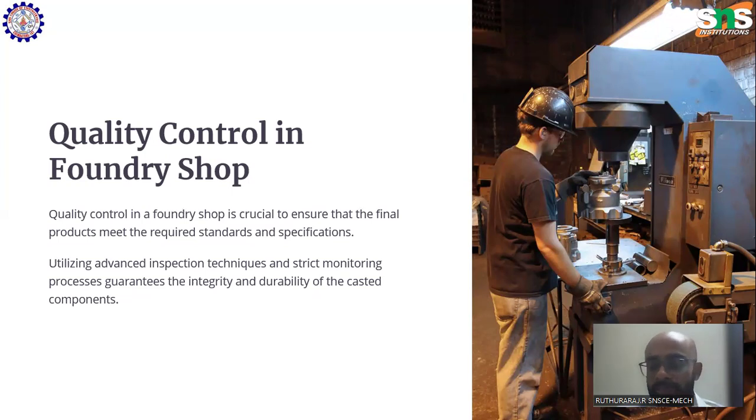The hardness of the casting will depend upon the material composition, the alloying done to the steel. If the alloying is not particularly effective, then there will be a compromise in the hardness. So to ensure that it is of the required hardness, we do the hardness testing.